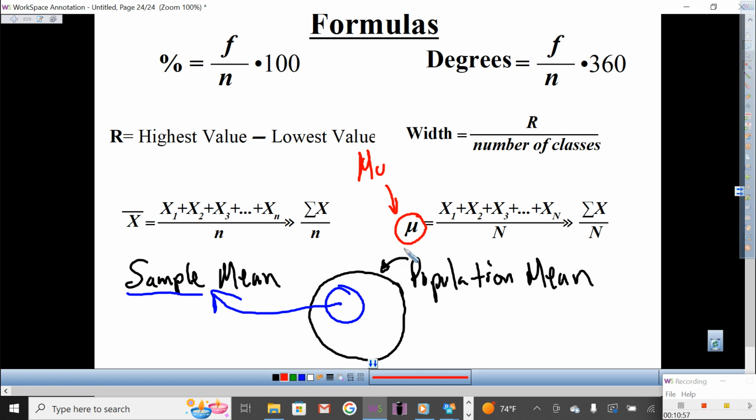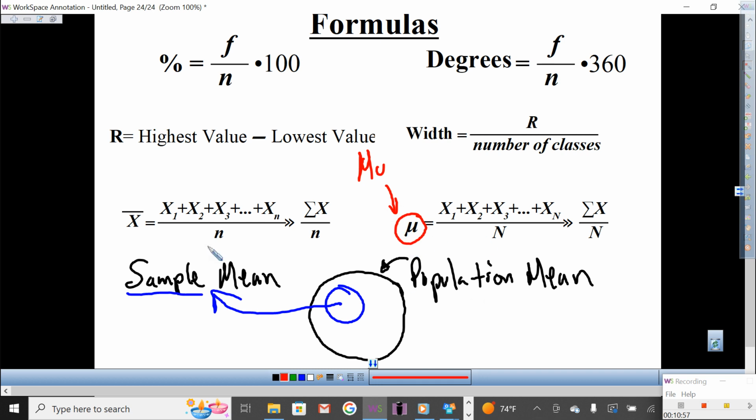Aside from mu, look at the formula. Tell your neighbor what M stands for. Yeah, so M stands for what? Mean. Yes, that's why we use the letter M for mean, but in Greek it's known as mu.